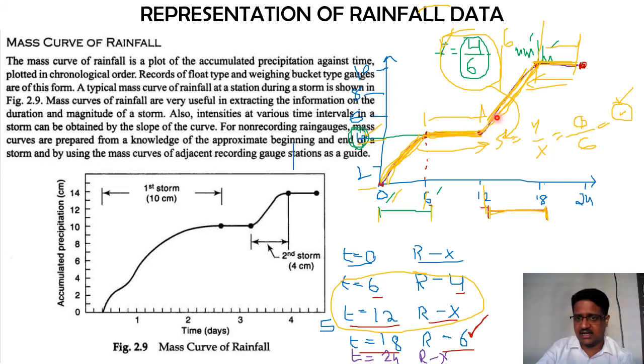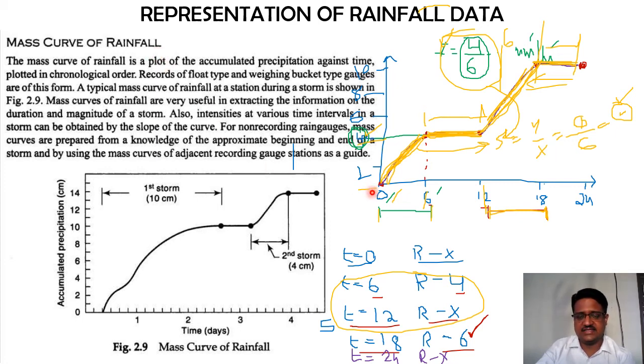So the amount of rainfall collected for this portion is what? 10 minus 4 is equal to 6 mm, which is given over here. So this is how you can check out the duration of rainfalls that are going to occur over here. That is why this particular rainfall mass curve is going to play an important role.